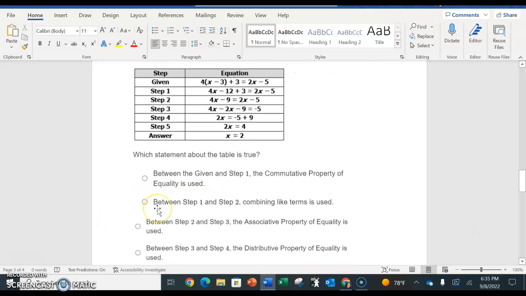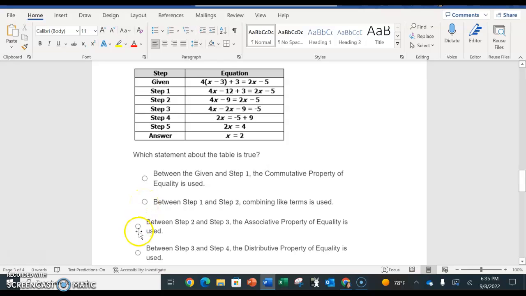And then the next selection is between steps 1 and 2. You're going to combine like terms. Okay, so from steps 1 to 2, I have 4x minus 12 plus 3. Negative 12 plus 3 becomes negative 9. So I am combining like terms there. So that is a true statement.